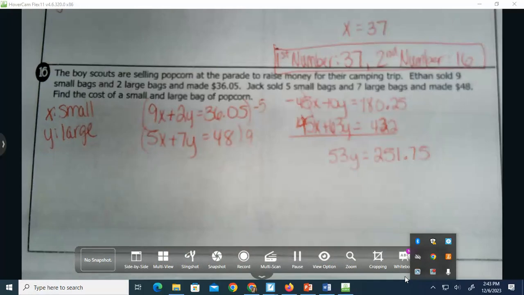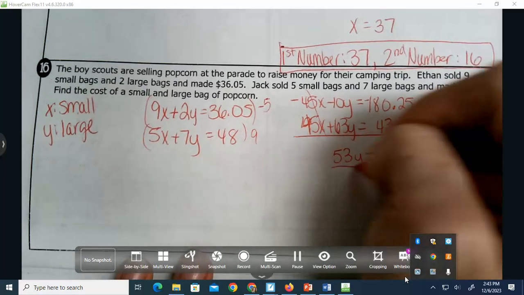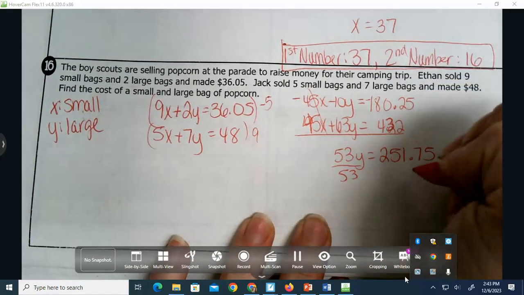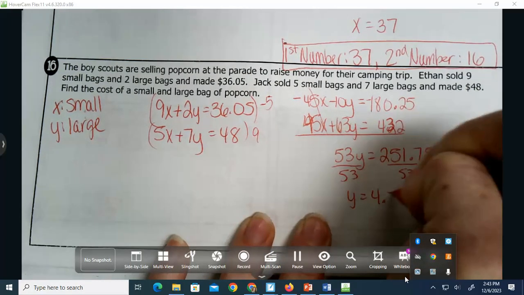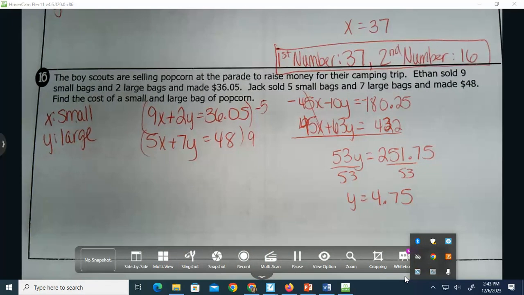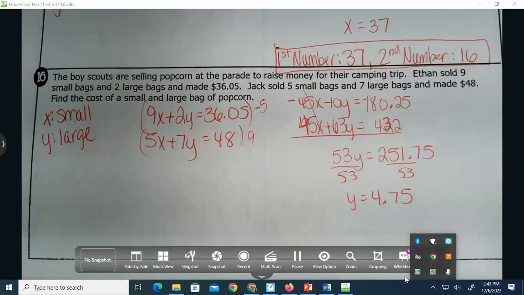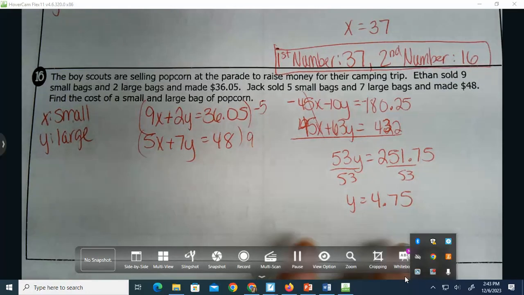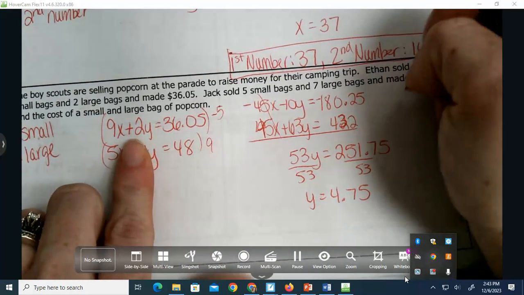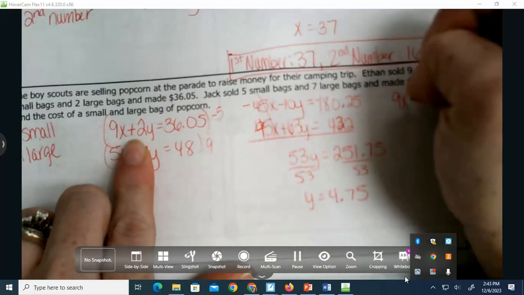Okay, divide. So y is 4.75. Why did we get a decimal here? Yeah, we're finding the cost. So when you answer this, what symbol should you put on that? $, please. All right, plug it back in so we find our x.